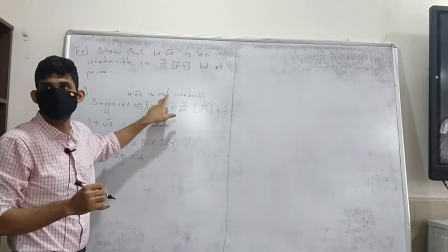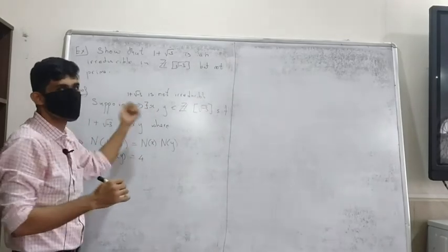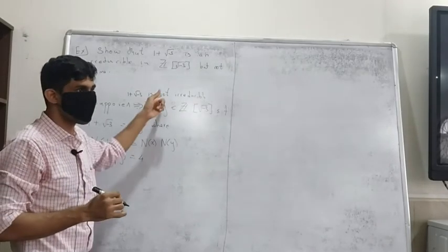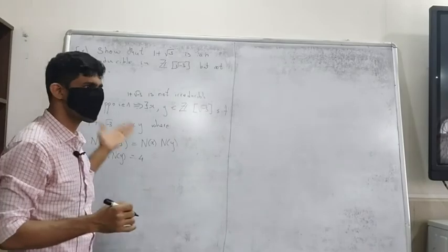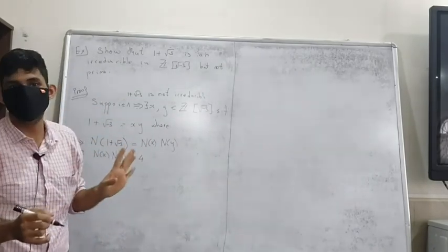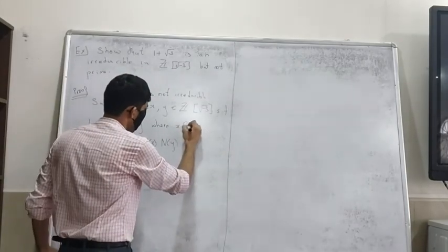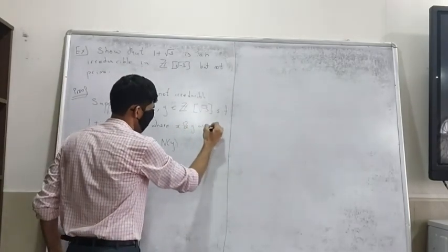We want to prove it's irreducible, so we go by contradiction. That means it's reducible: it's not a unit and not 0, so you can write it as xy, where x and y are both non-units.